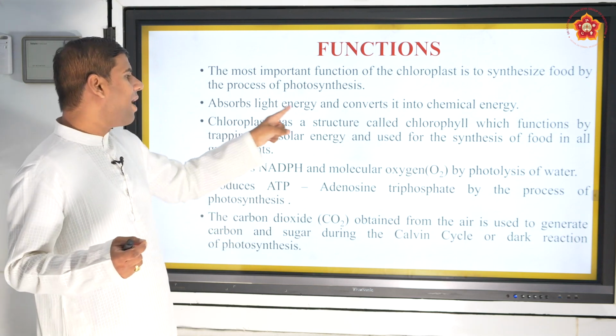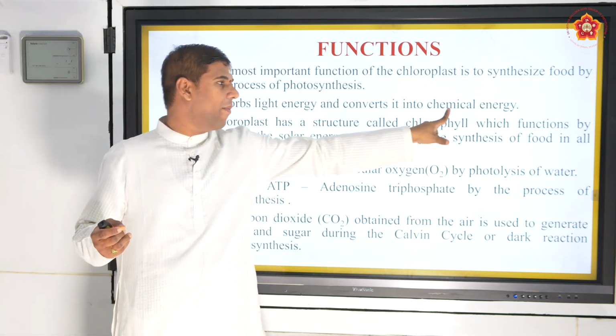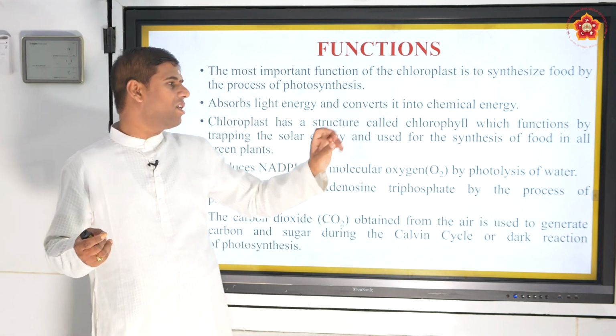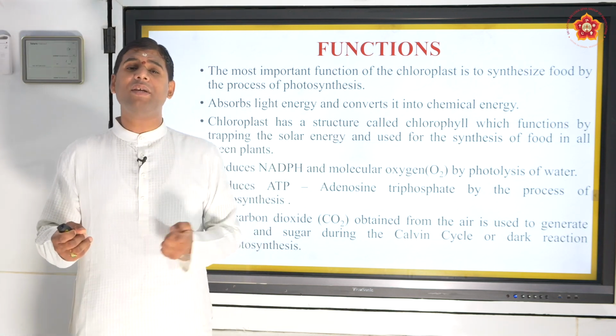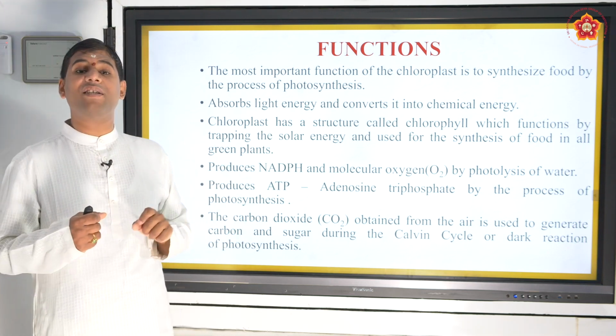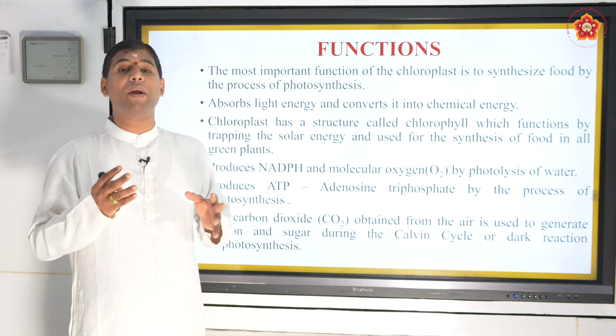The chloroplast has a structure called chlorophyll, which functions by trapping solar energy. Chlorophyll is also important for giving the green pigmentation in leaves. Plants look green because of this pigment.